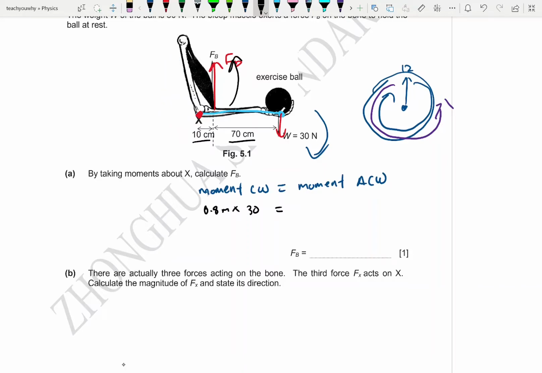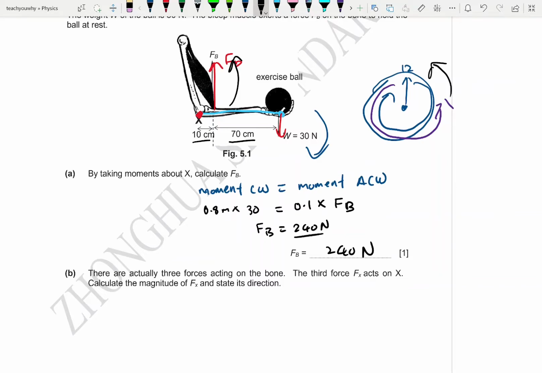Anything that goes this way is anti-clockwise. So moment anti-clockwise is equal to 0.1 times Fp. So you can find Fp is equal to 0.8 times 30 divided by 0.1, 240 Newton.